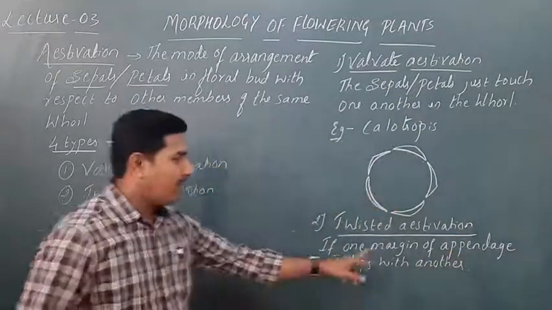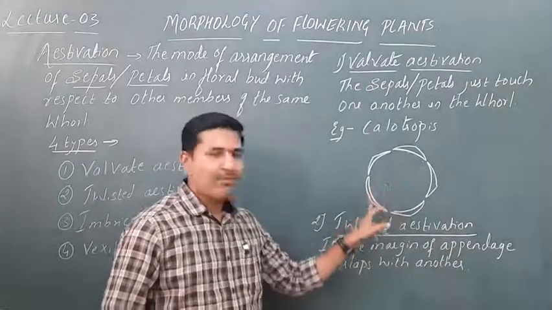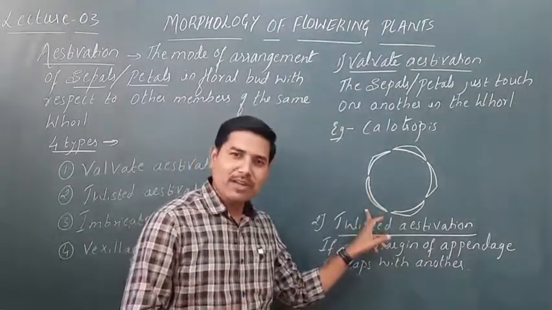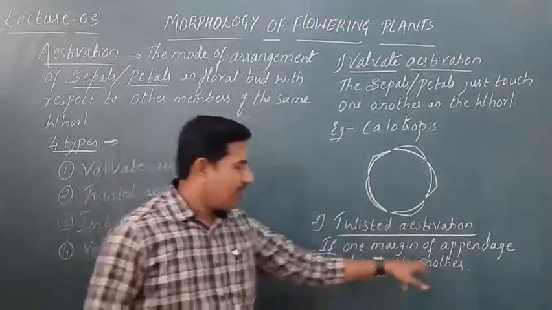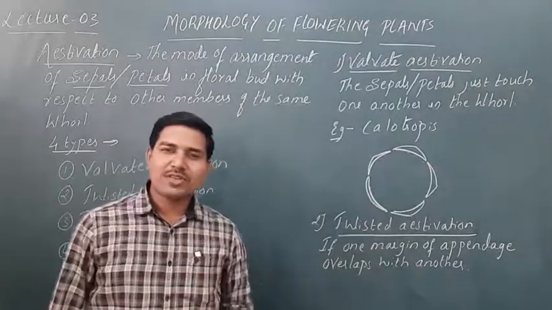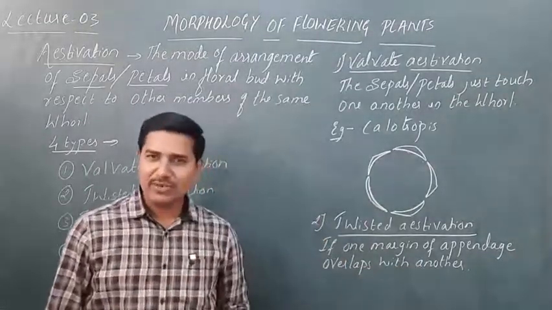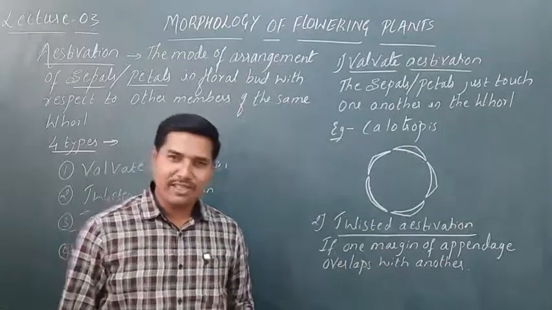The appendages are floral appendages, either sepal or petal. If one margin of the appendage overlaps with another, such type of aestivation is called twisted aestivation.